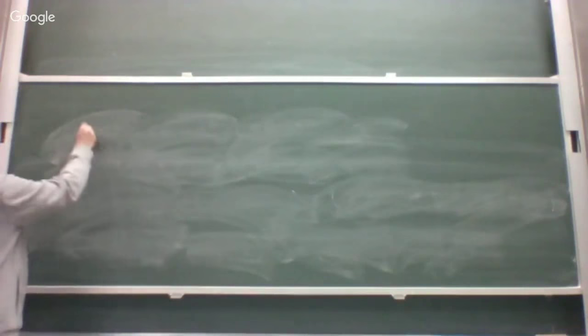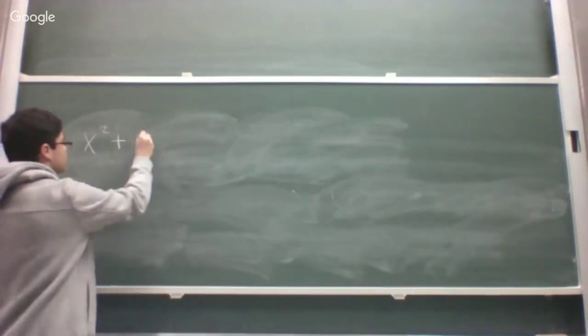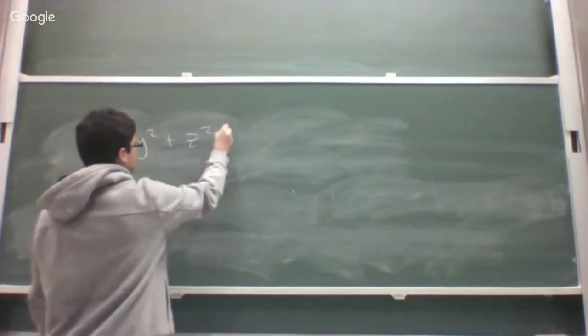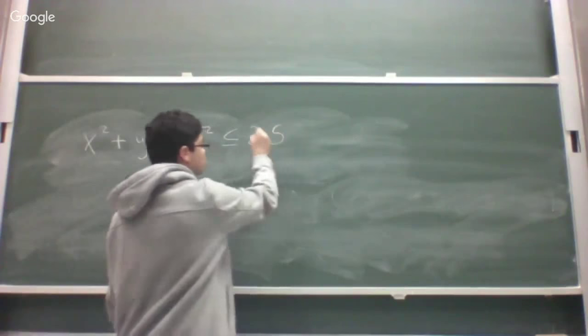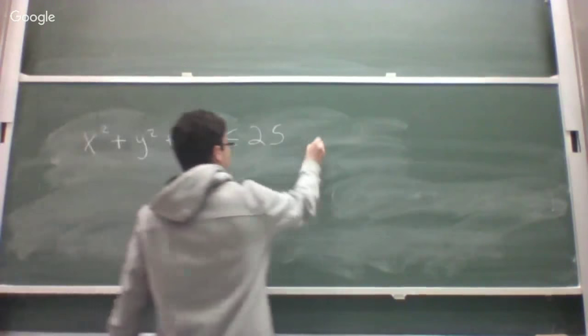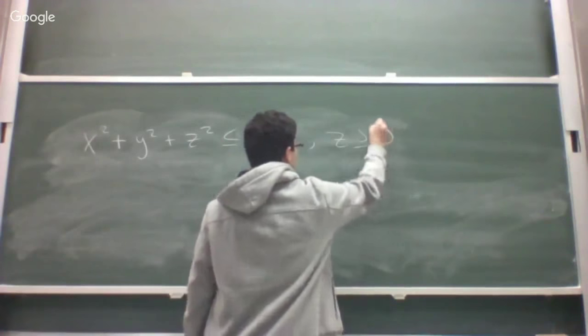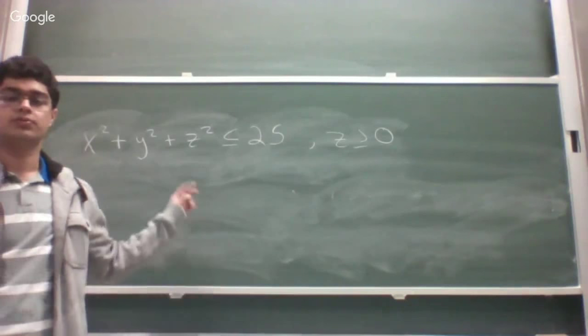So if we have x squared plus y squared plus z squared less than or equal to 25, you guys should be able to draw it, okay? I need to say z is greater than or equal to 0. Okay? So what does it mean?